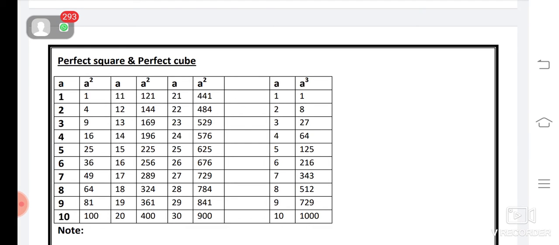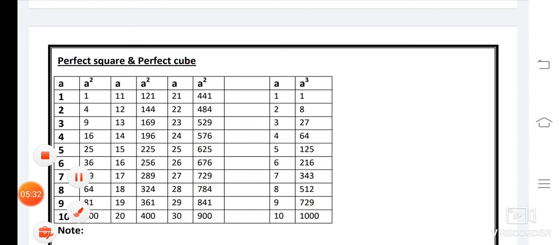First you learn till 20, then from 21 to 30 you can learn. If you learn all this, the next exercise problems will be easy to solve. So you have to learn this.